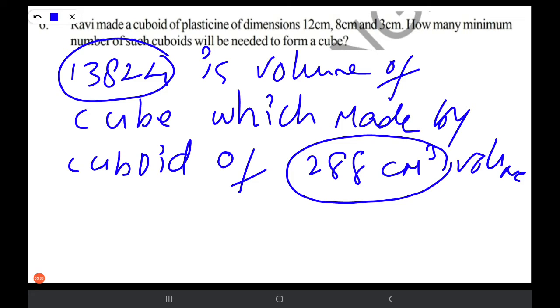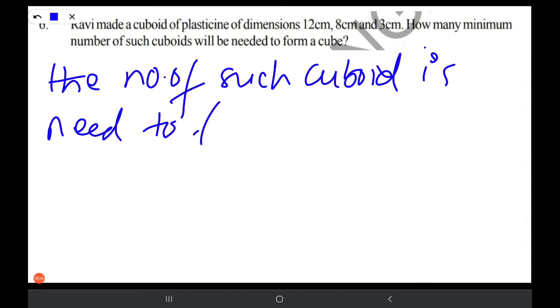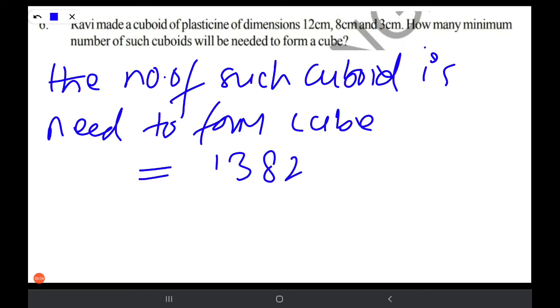So you need to find here the number of such cuboids. So let us take the number of such cuboids needed to form the cube is equal to the volume of the cube by the volume of the cuboid.